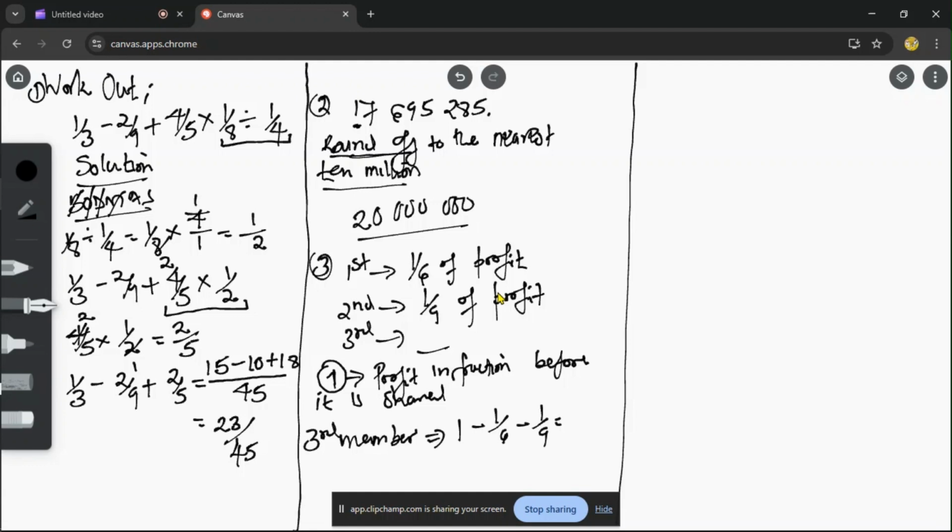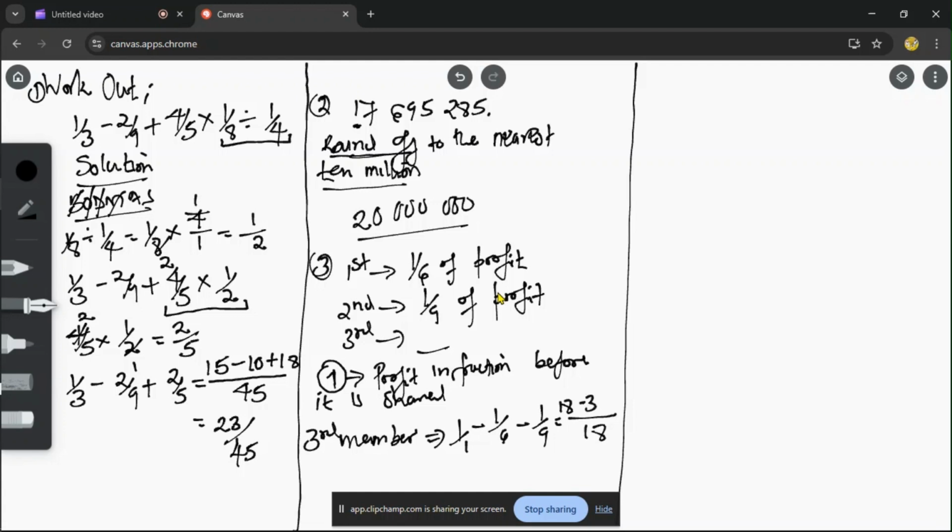So I'll come here and work out this one. Of course, here the denominator is 1. So I ask myself, what is the LCM of 1, 6, and 9? The LCM, if I calculate, will be 18. So I take 18 divided by 1, that is 18, multiplied by 1, that is 18. Subtract 18 divided by 6, that is 3, 3 multiplied by 1, that is the same as 3.